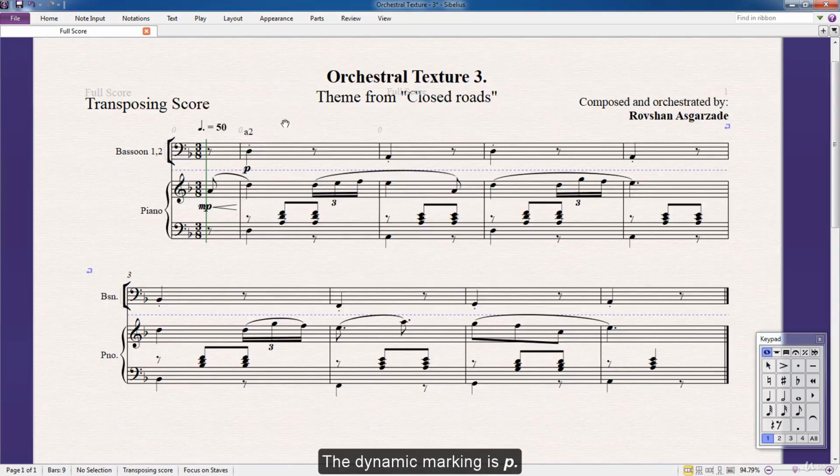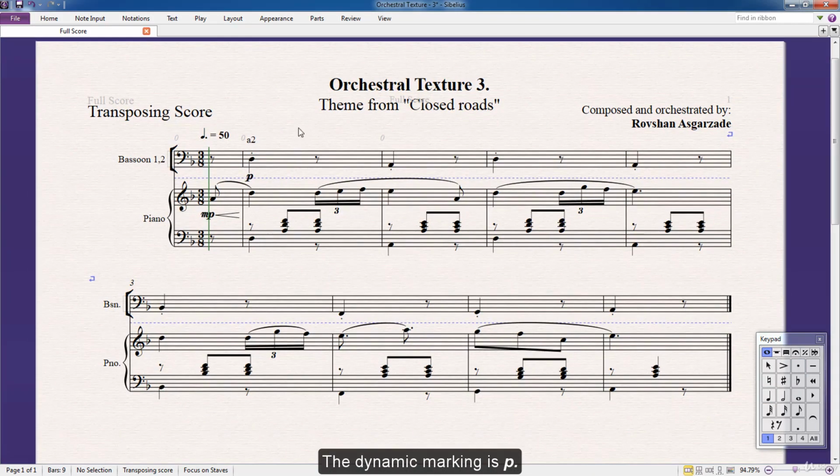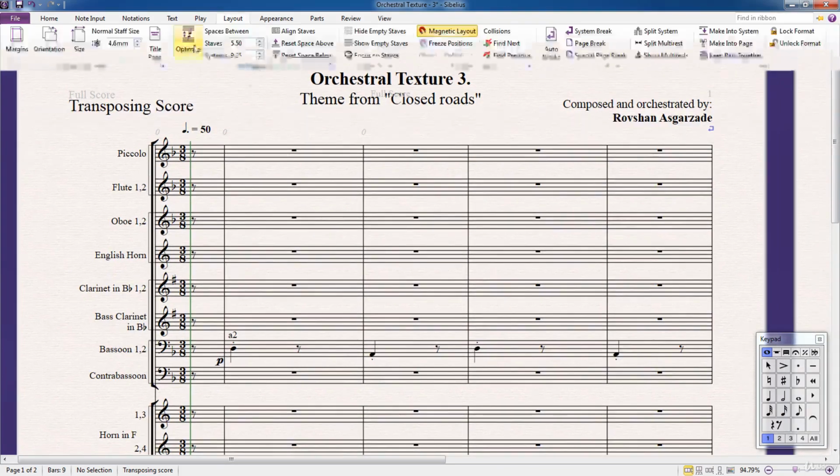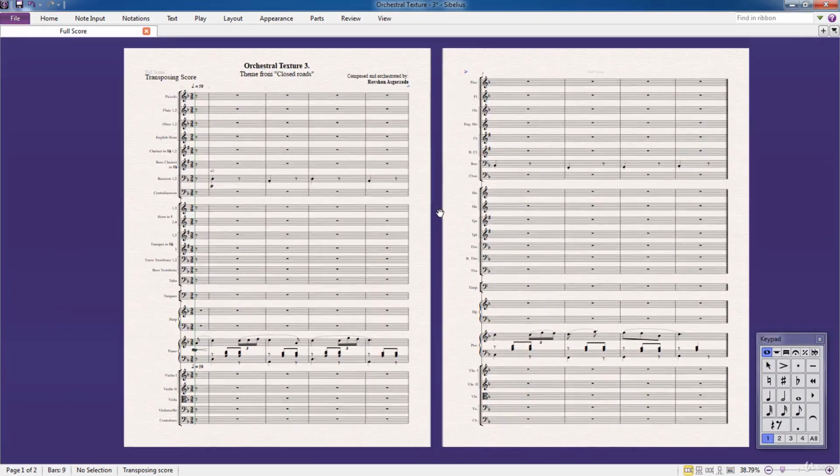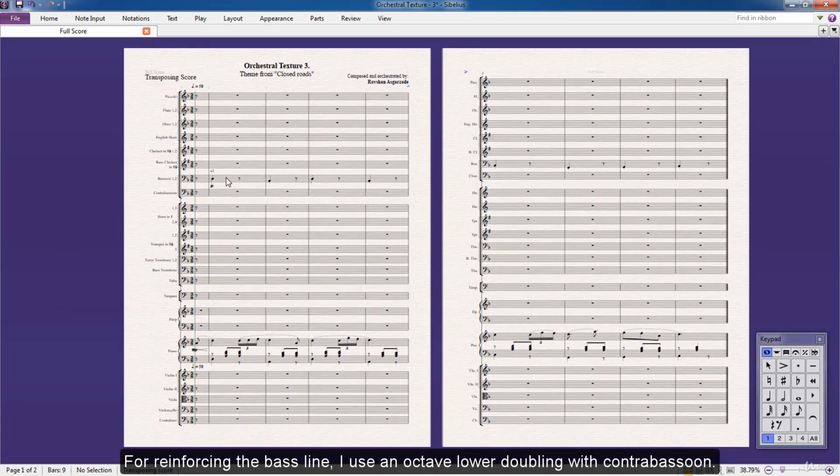Dynamic marking is piano. For reinforcing the bass line, I use an active lower doubling with contrabassoon.